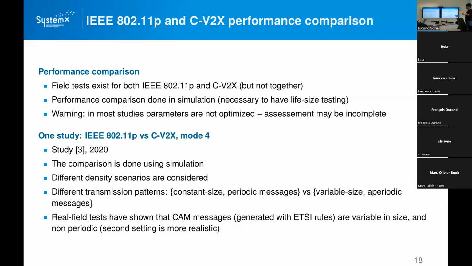And so sometimes you compare things, but the parameters are not well tuned, so the results that you get are not really relevant. So take these comparisons that you might find in the literature with a grain of salt, in the sense that they might not yield the entire truth. It's really easy to show what you want to show.